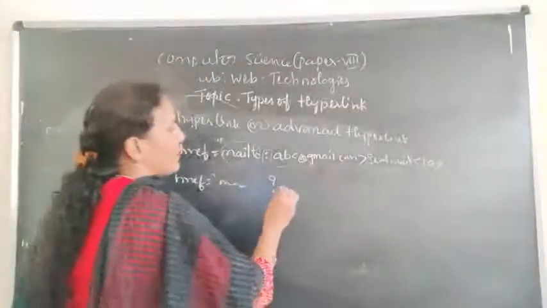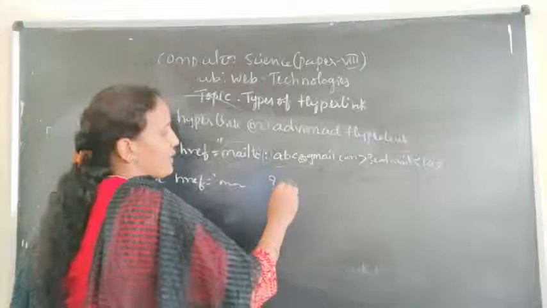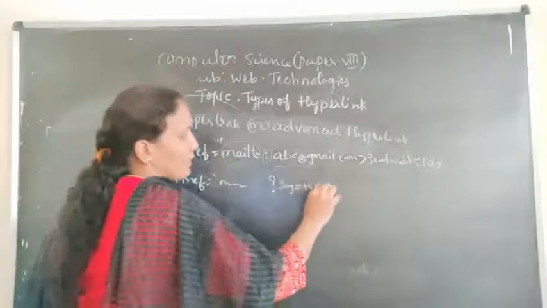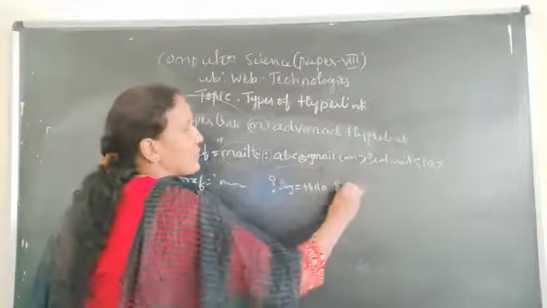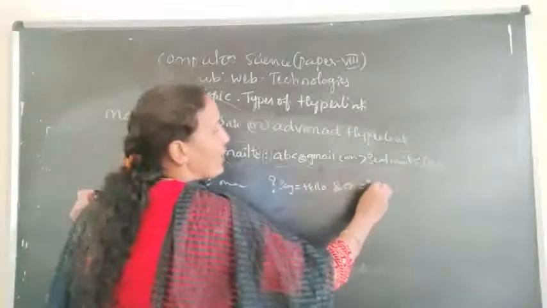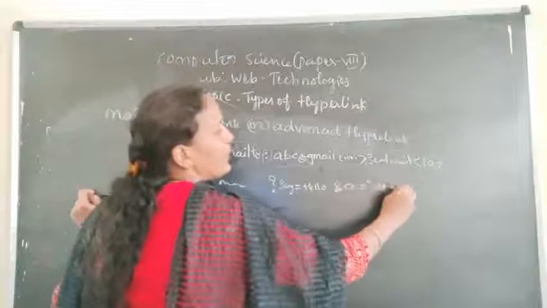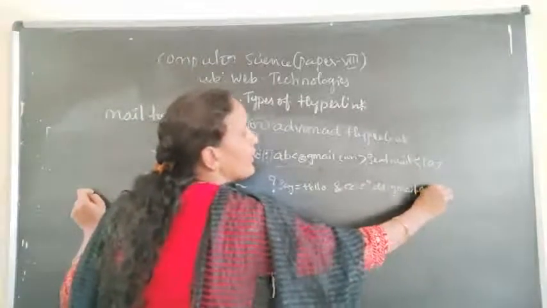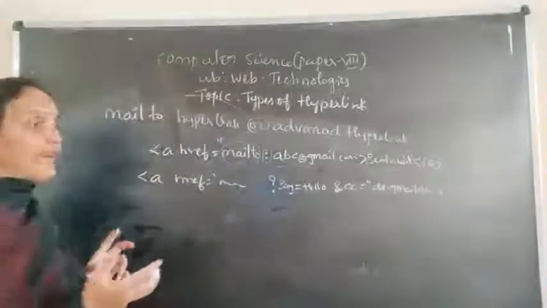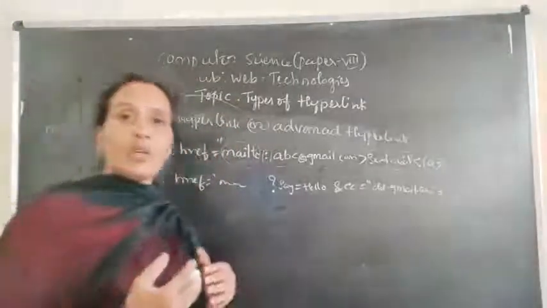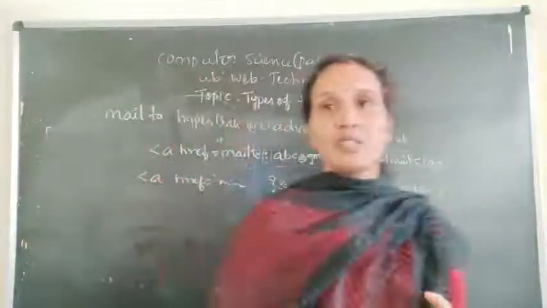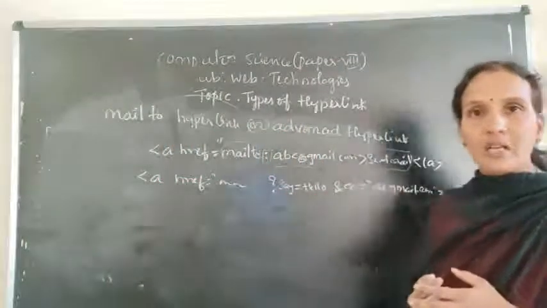I am giving a subject, say hello. Next, cc equals, for example, dd@gmail.com. So whatever mail information is there, you can provide as a link here. Understood? This comes under the advanced email link.